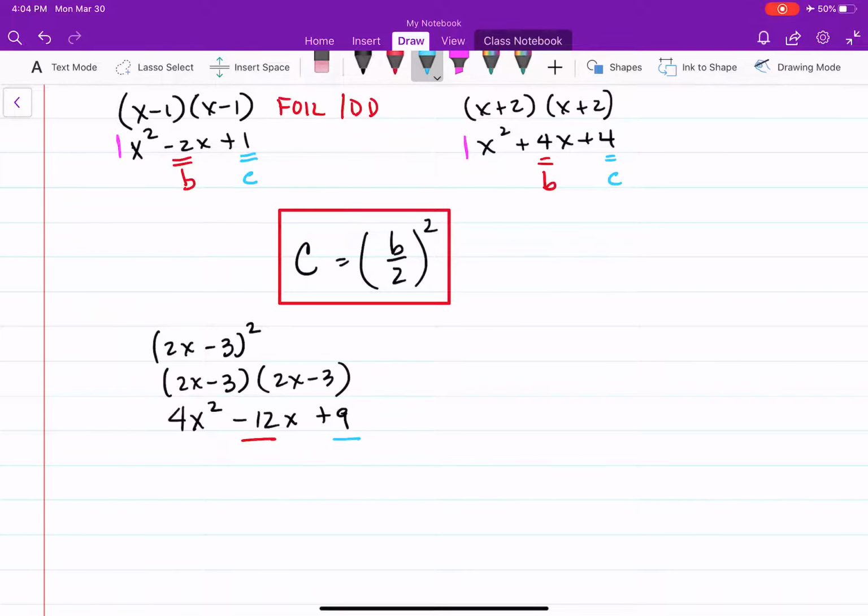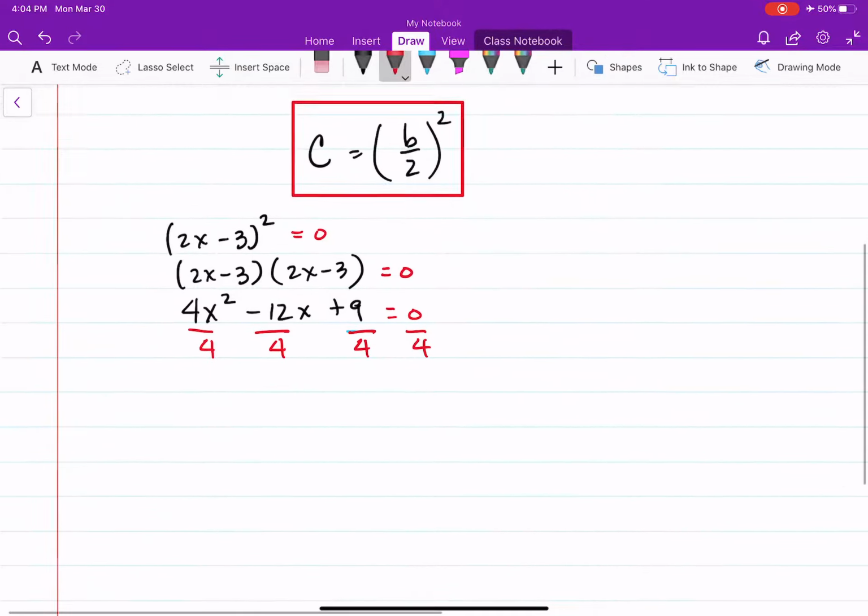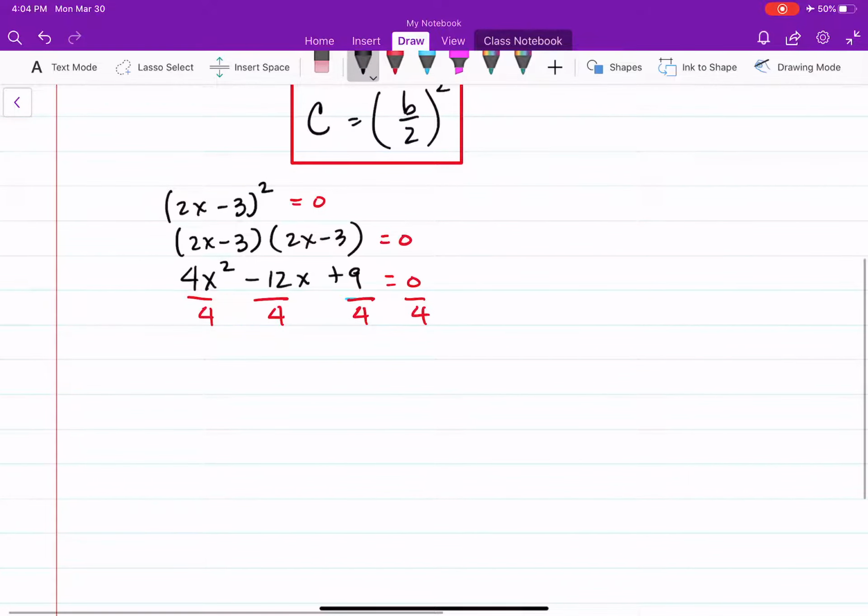So if this was an equation, then I could divide everything by 4. Then I would have x squared minus 3x plus 9/4 equals 0.